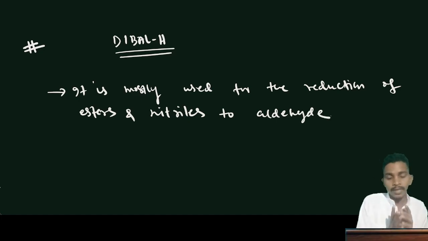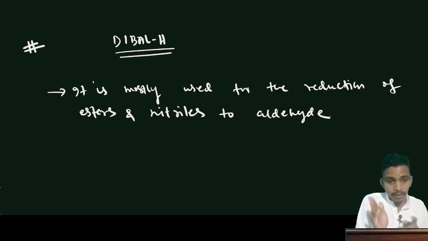Okay, so this DIBAL-H is mostly used in labs to do the reduction of esters and nitriles to aldehydes. Like I said, this DIBAL-H is less reactive but more selective.